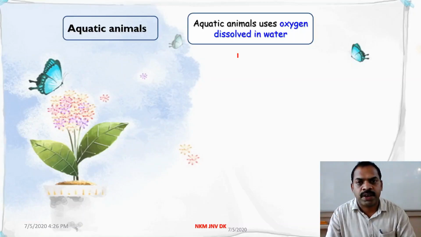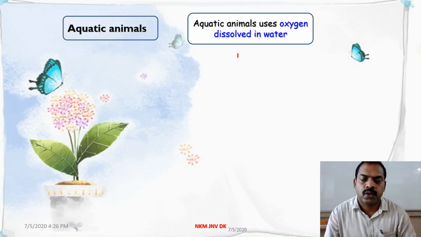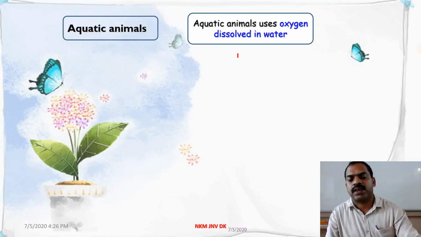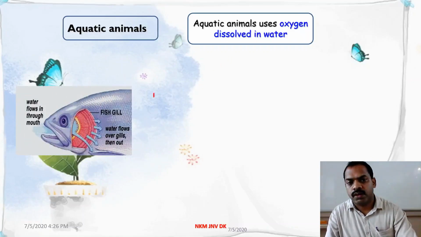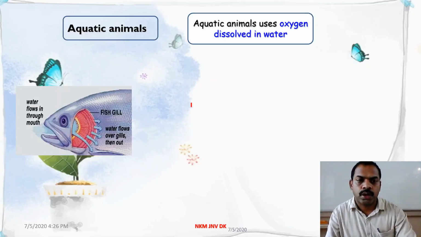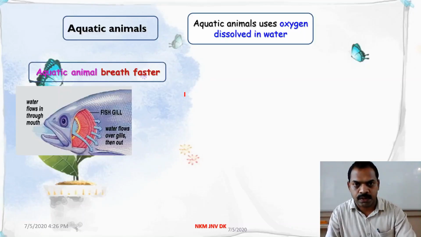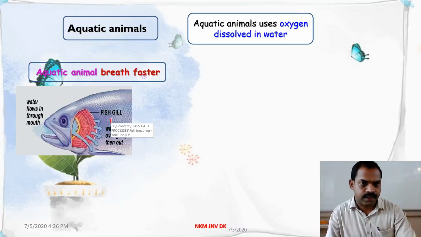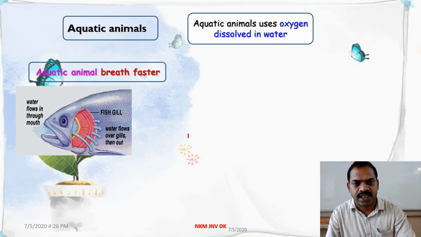While aquatic animals like fishes have to use the oxygen dissolved in water. So what is the peculiarity? They have a breathing mechanism specially designed for them. What is that? Gills.